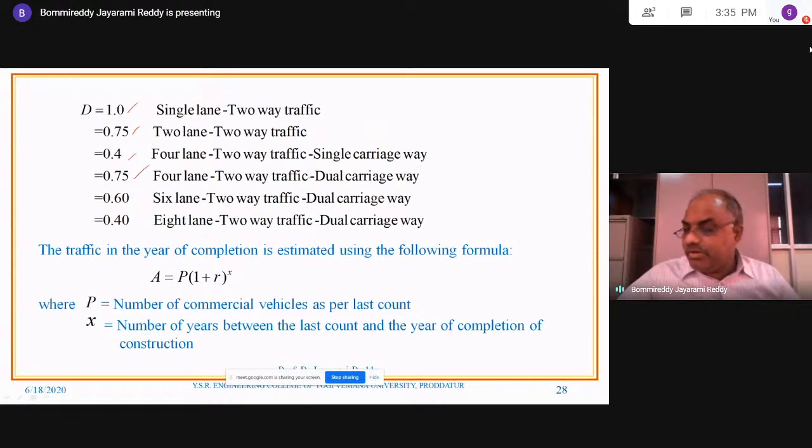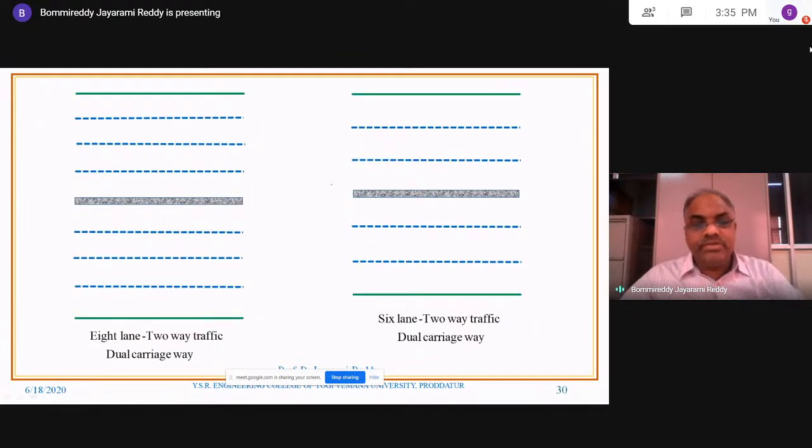Now, four-lane, two-way, dual carriageway, it is also 0.5. Then six-lane, two-way, dual carriageway. In case of six-lane, you can look here, this is called the dual carriageway. Dual means divider. So this is lane 1, lane 2 and lane 3, and lane 4, lane 5, lane 6. In this case, what is going to happen?